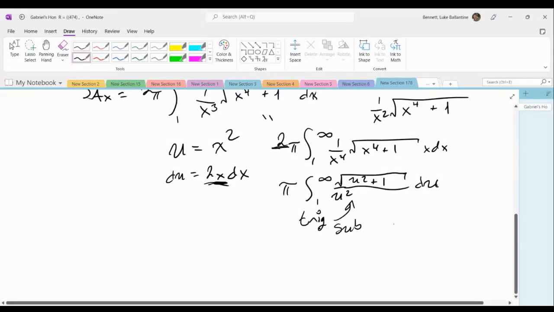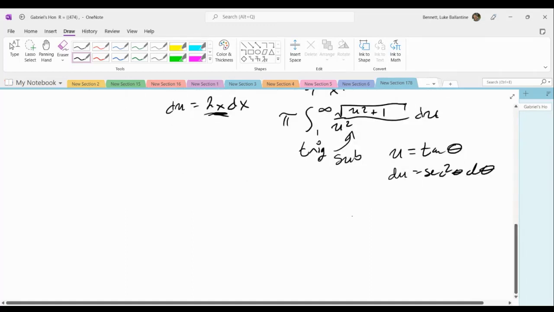You would use u equals tangent of theta, so du would be secant squared theta d theta. So we have secant cubed theta d theta over tangent squared theta, and we're integrating this.